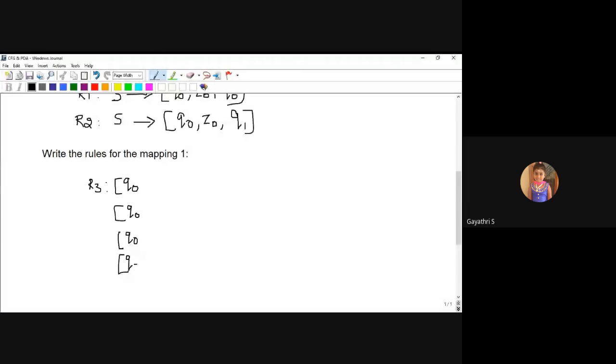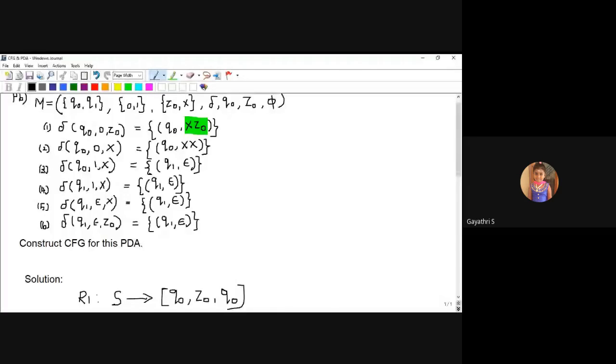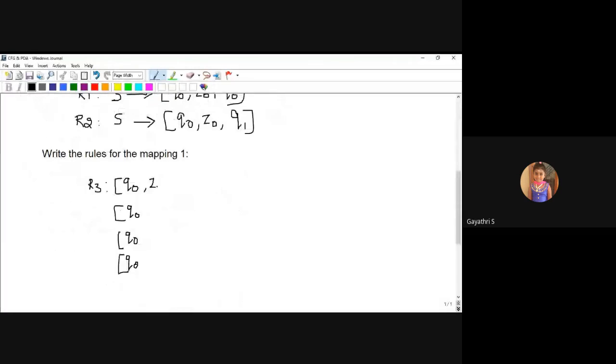Next, what is the third position, the third element? Just copy the third element.